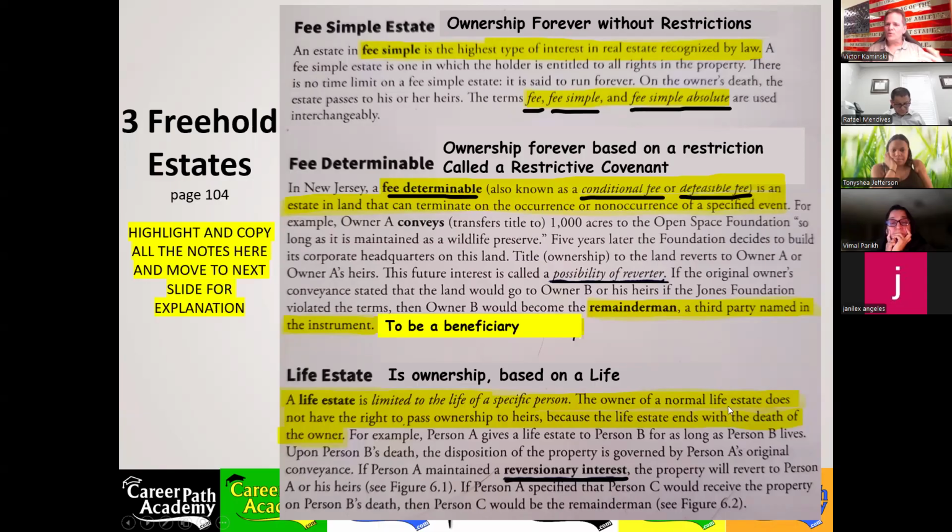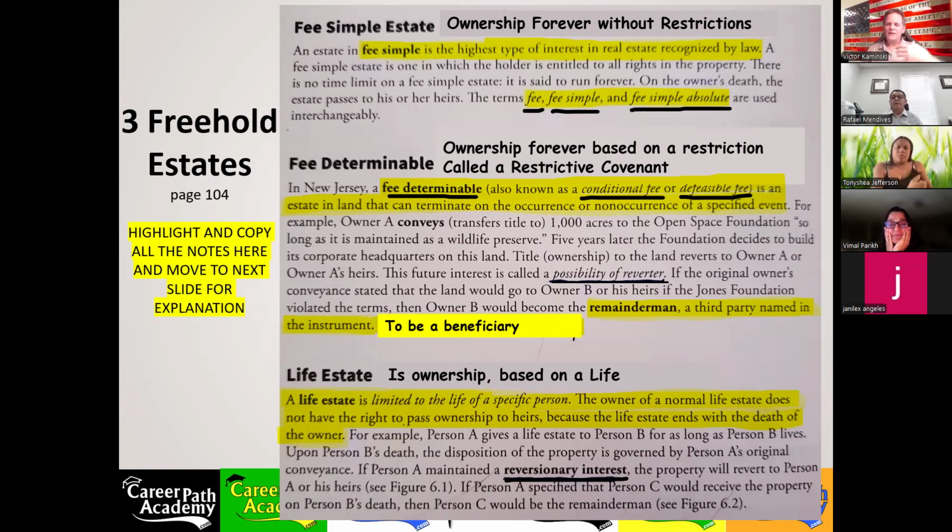Okay. So a life estate is limited to the life of a specific person. The owner of a normal life estate does not have the right to pass ownership to their heirs when they die, because the life estate that they have is based on their life. And when you die, the property goes back to the person who gave you or sold you the life estate. So therefore, you can't leave it in a will to someone.